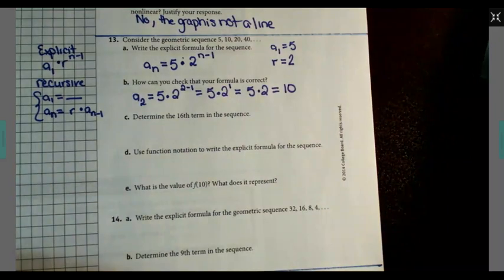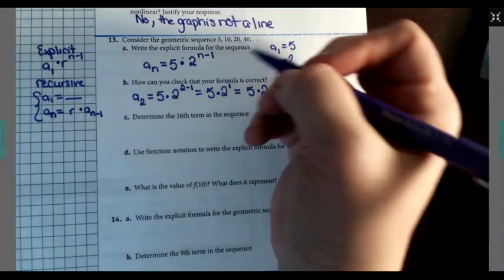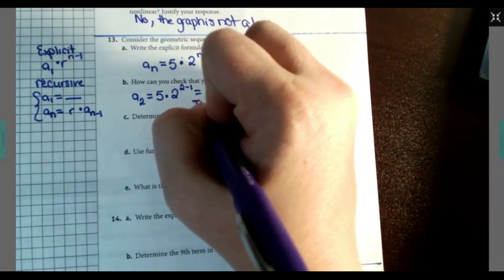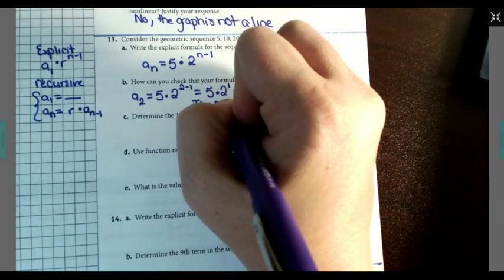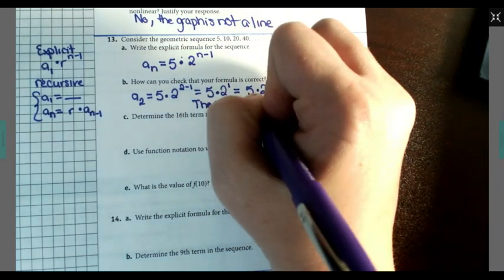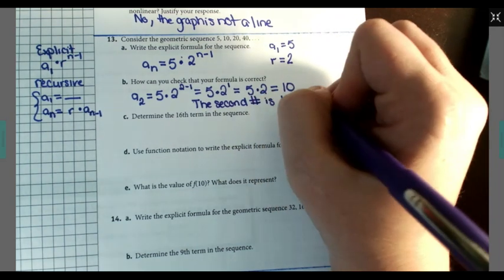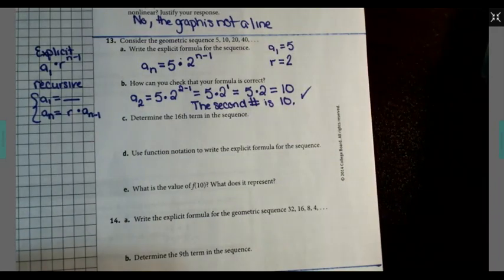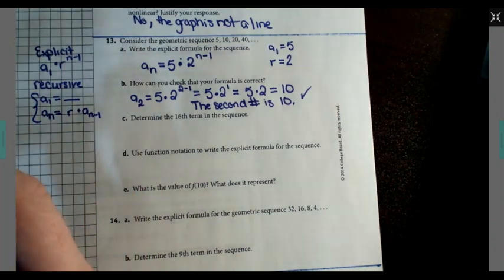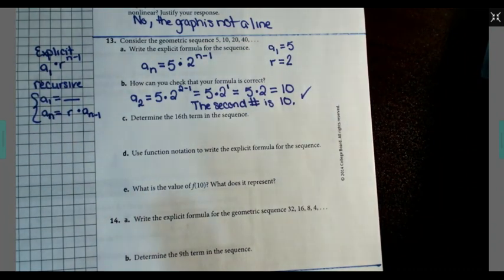And I'm getting 10. Is the second term 10? The second number is 10. Checks out. Now I could have done this for any number. I could have found the fourth term. I could have found the third term. It would have come out the same.